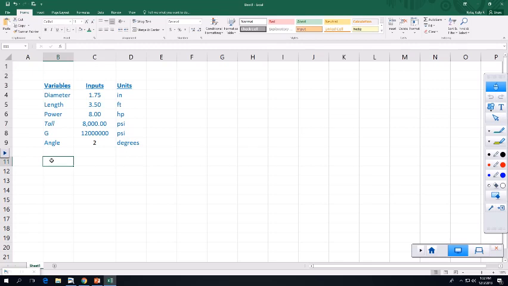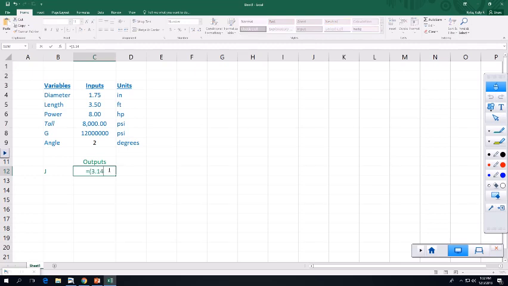Okay. Now, this is going to be our outputs down here, and the units. So the first one that we have here, we're going to do polar moment of inertia, J. So equals, and I'm going to put it in exactly the way we had it.